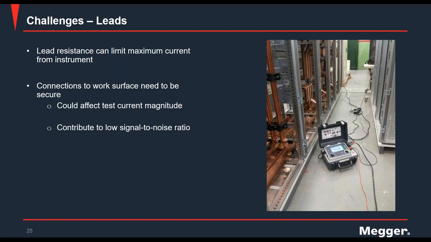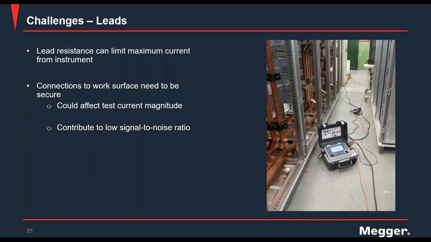The lead resistance, that's the leads that are used to make measurements, can have a resistance value, and this resistance value can limit the maximum current. For example, if the leads are not the correct leads or have damage of any sort, this can lead to the inability of the test device to push the maximum current that it's designed for.